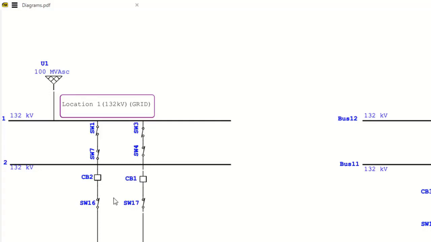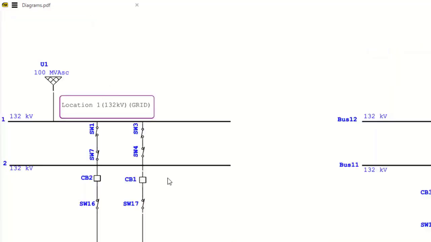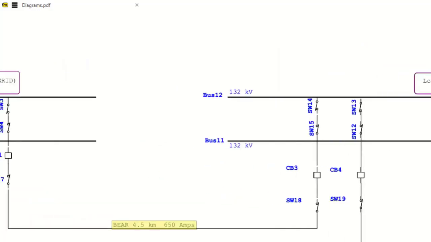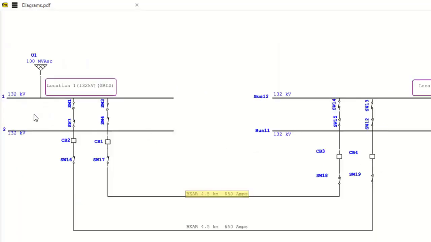From there we have the output going out via our circuit breakers and isolators. Now you have a distance being traveled, from location 1 to location 2, which is busbar 2 of the system. So this is busbar 1 and this is busbar 2.